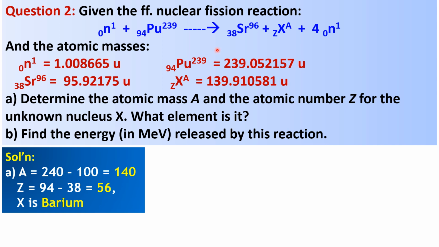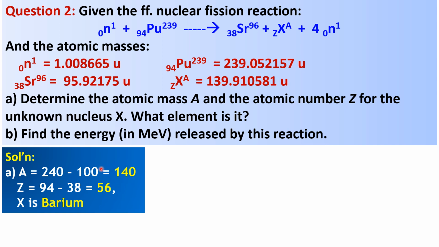Then minus 100. Why 100? Because for strontium, the mass number is 96. For the 4 neutrons, it's 4, a total of 100 nucleons. So 240 minus 100 nucleons, we get 140 as the mass number of the unknown nuclide X.